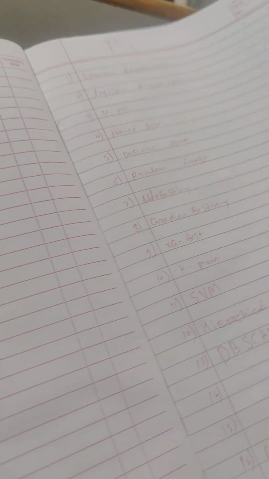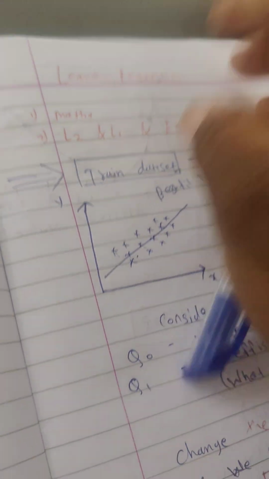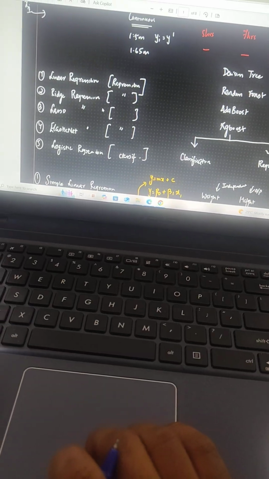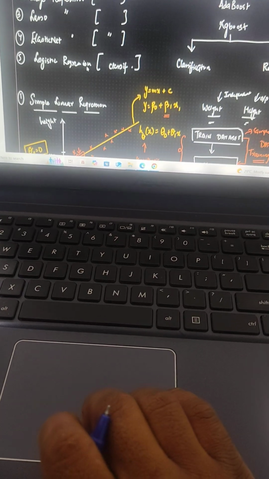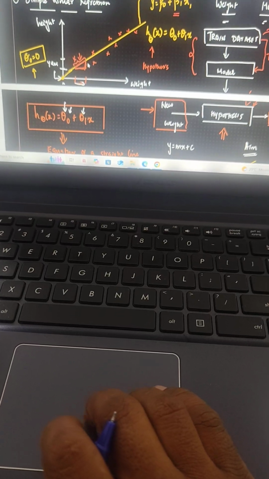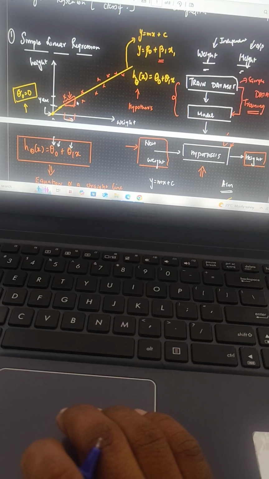So here we start our first algorithm, linear regression. Here in this PDF you see that our first algorithm is linear regression.